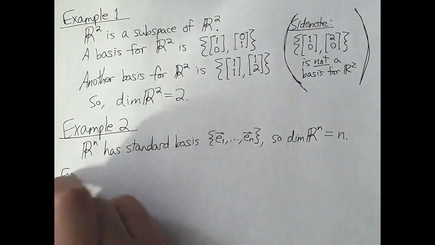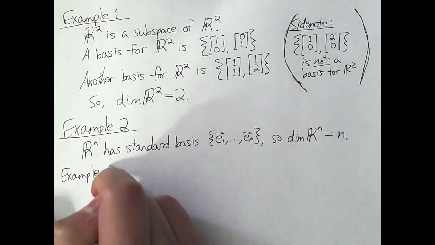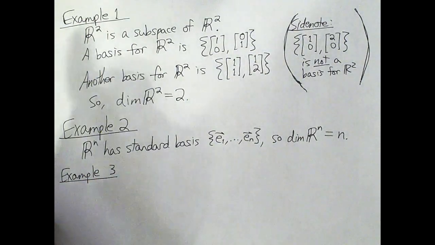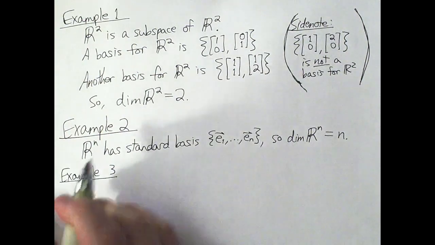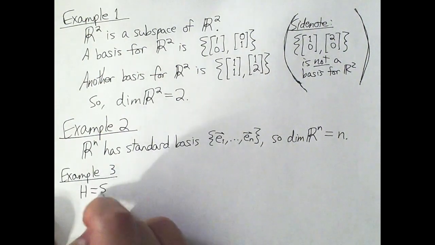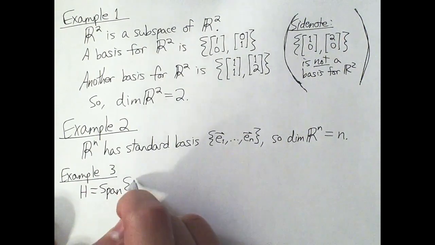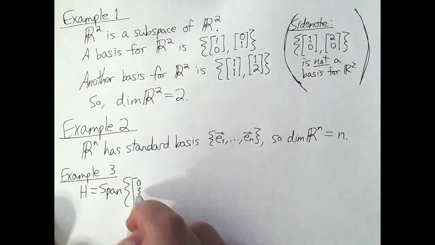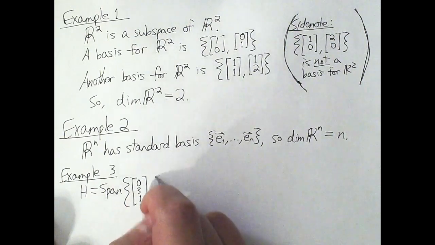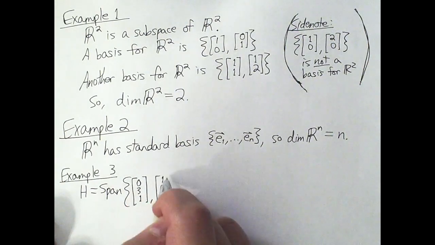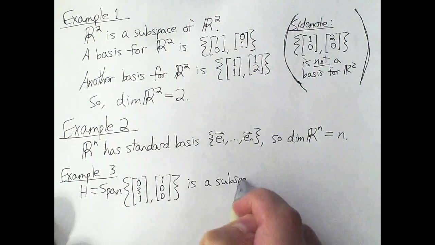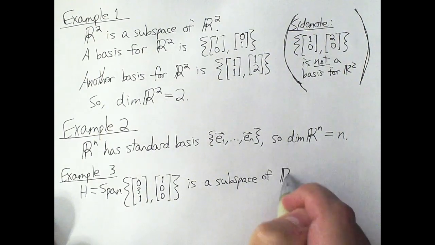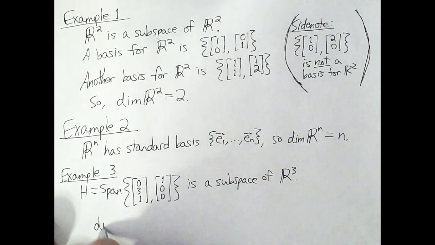Let's do another example. For example 1 and example 2, I chose R2 as a subspace of R2, Rn as a subspace of Rn. Let's do something else. How about H equals the span of (0, 3, 1) comma (1, 0, 0), which is a subspace of R3, and in this case, the dimension of H is 2.